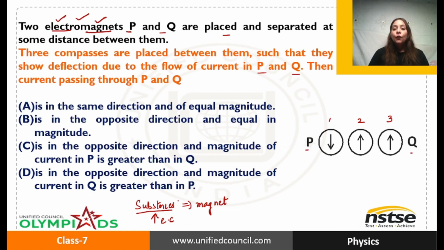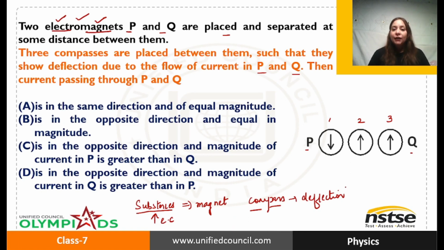Now wherever a magnetic field is present, if you place a compass needle, we know that the compass needle shows deflection in the presence of a magnetic field. So whenever there is some area which has some magnetic field, the compass will show deflection, which will indicate that yes, a magnetic field is present here.